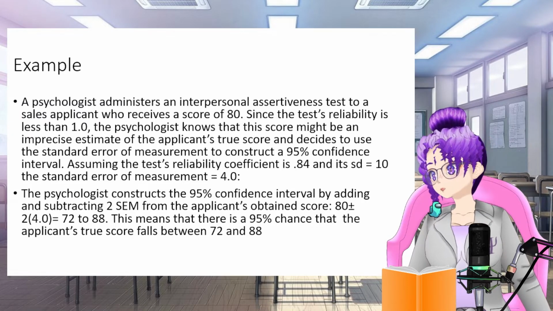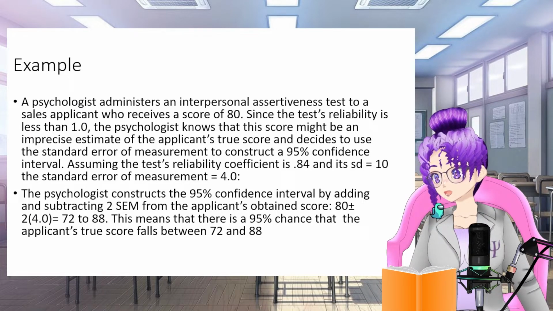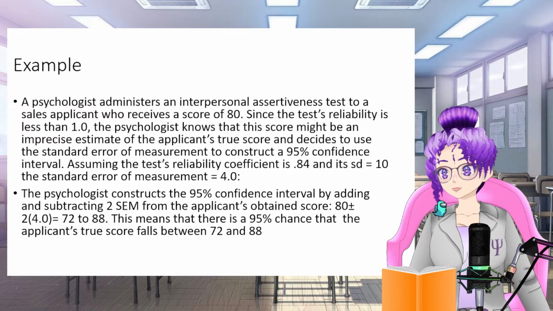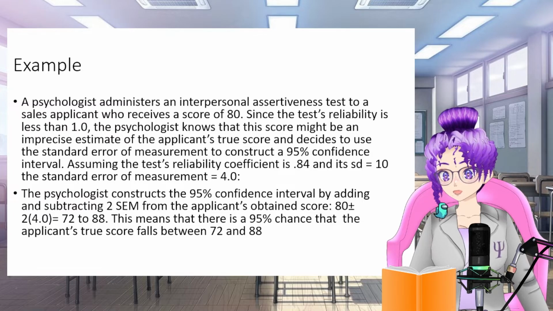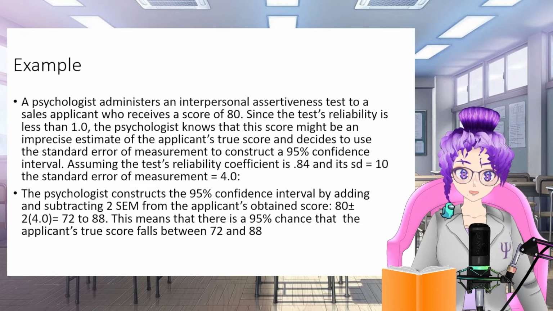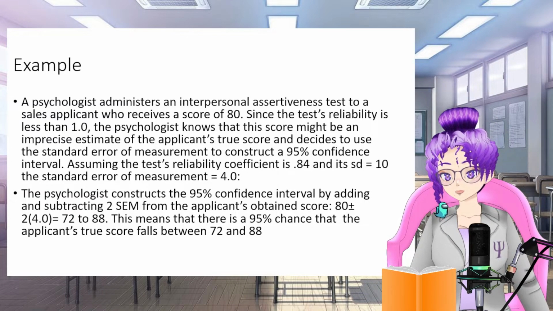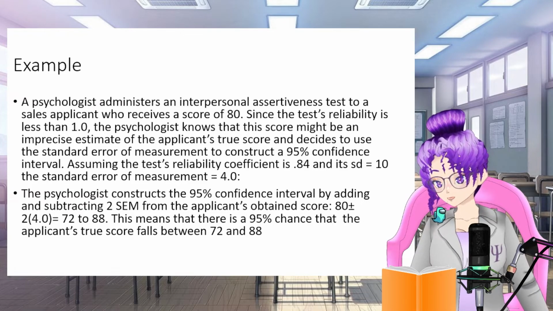So assuming that the test reliability coefficient is 0.84 and its SD is equal to 10, the standard error of measurement is 4.0. And then the psychologist constructs the 95% confidence interval by adding and subtracting two standard errors of measurement from the applicant's obtained score.